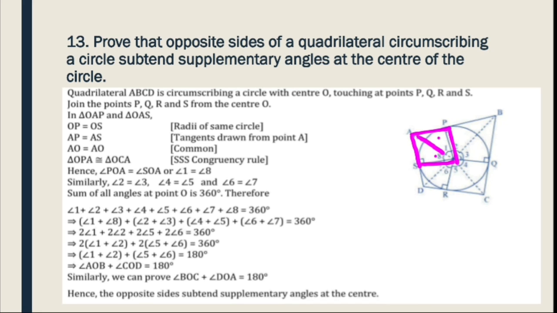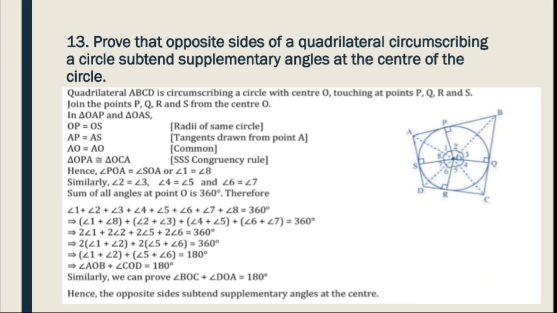Why? Because AP and AS are the lengths of tangent from the external point A. So they will be equal in length. So by SSS congruency, you can say that these two triangles will be congruent. So by CPCT, angle 1 will be equal to angle 8.